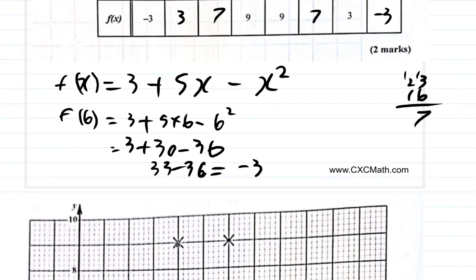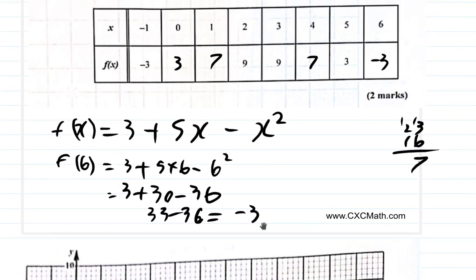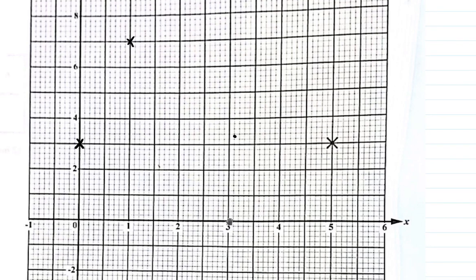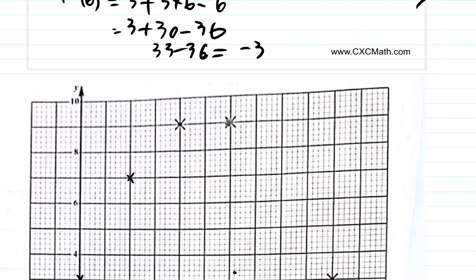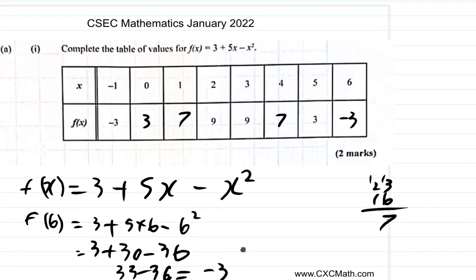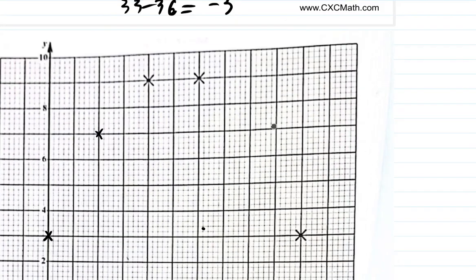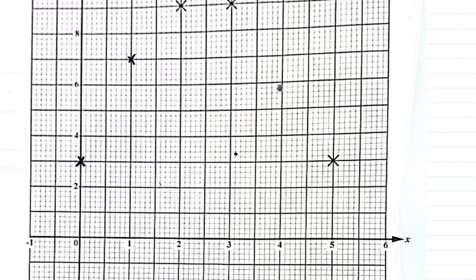They plotted 2, 9 already. 3, 9. Above 3, beside 9. They plotted that already. 4, 7. They didn't plot that, so we have to plot it. It will be right here. Alright? So 4, 7. Above 4 and beside 7 is right here. Okay?